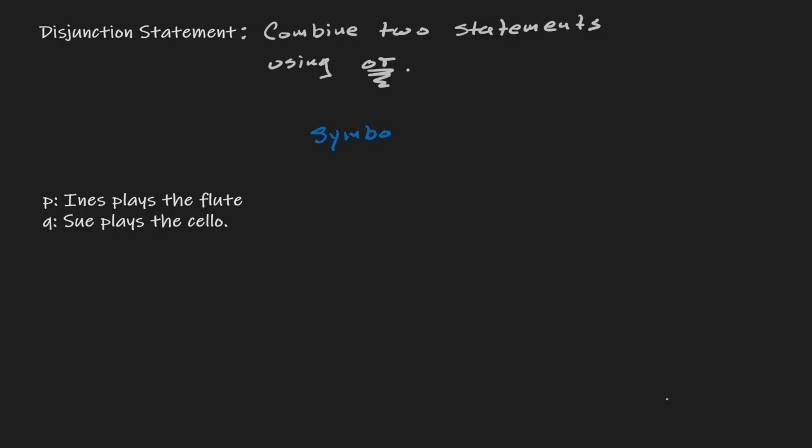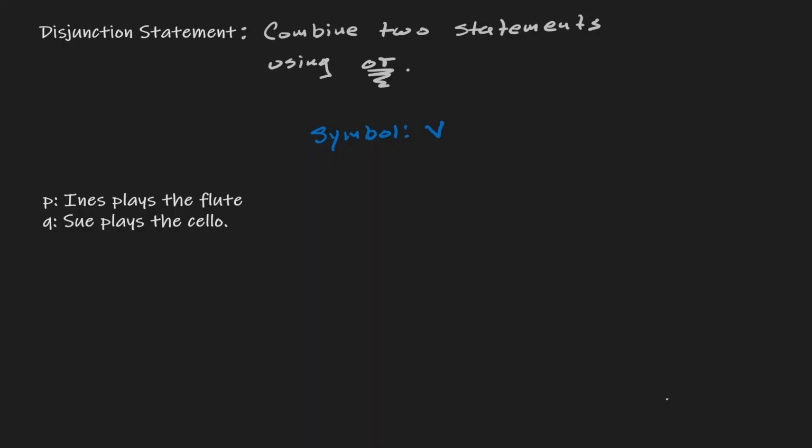A disjunction statement is when we combine two statements but now using the word or. And we have a symbol for that as well. The symbol that we'll be using for this is kind of like a lower hand arrow.